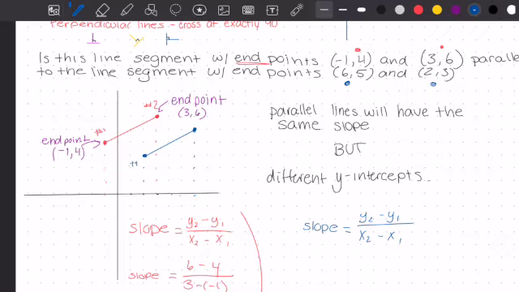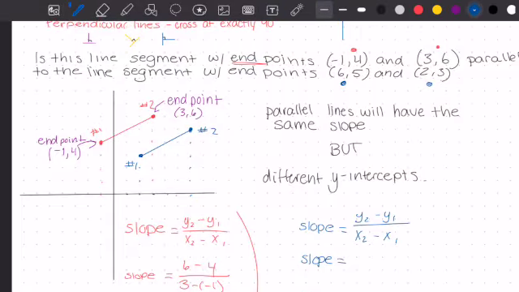Okay, let's do the blue example here. So we're going to label this point 1 and this point 2. So slope equals my y2, I'm going to rewrite the points here. So this was 2, 3, and this one was 6, 5. So my y2 is 5, and my y1 is 3.